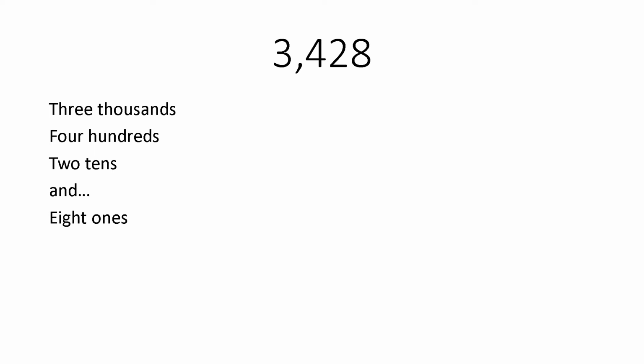If we were to pull each number out of its place value and look at it, we could say that we have 3 in the thousands place, 4 hundreds, we have 2 tens, and we have 8 ones.